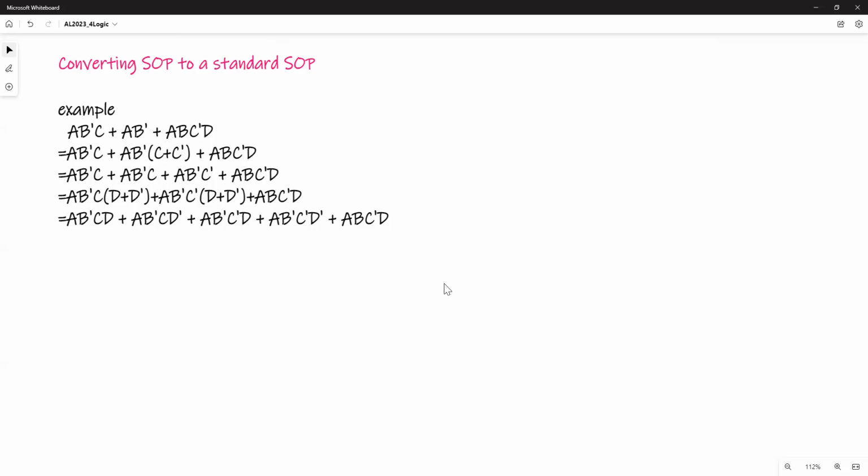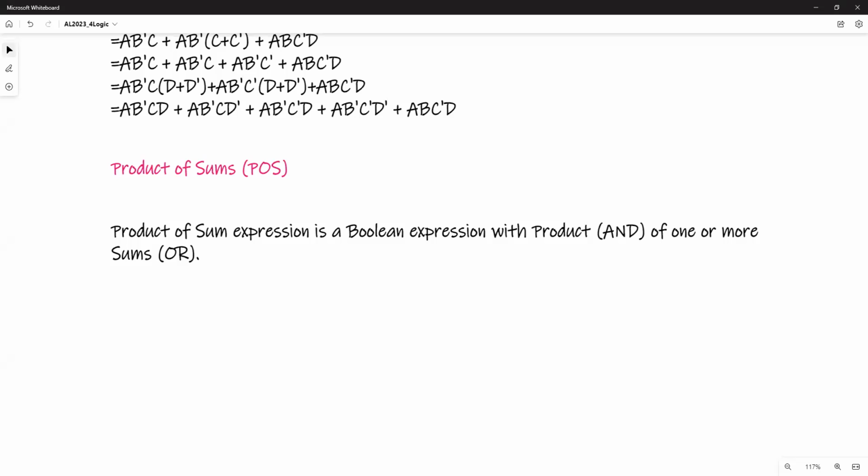Right. Let's move to the product of sums, or in short, POS form. A product of sums expression means you have a Boolean expression with products of one or more sums.